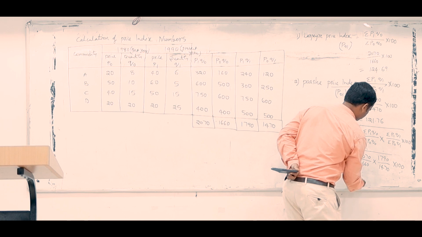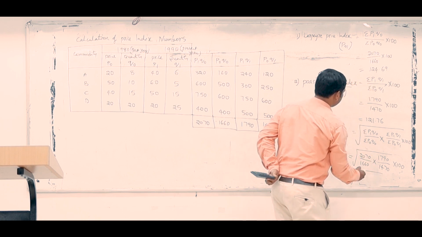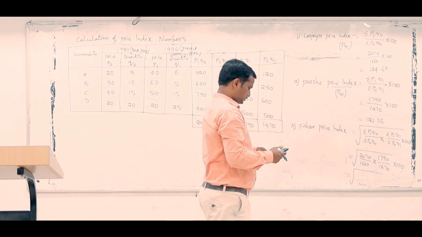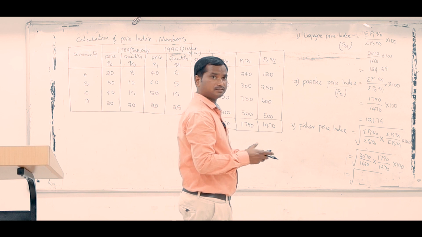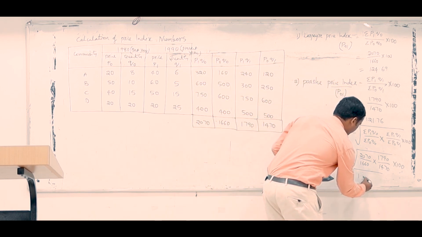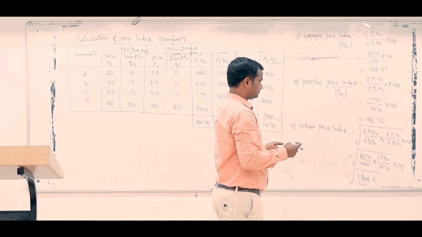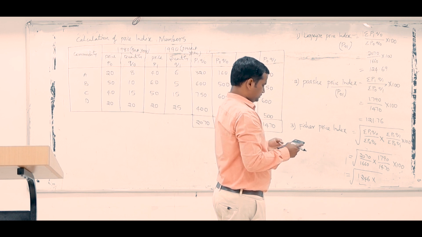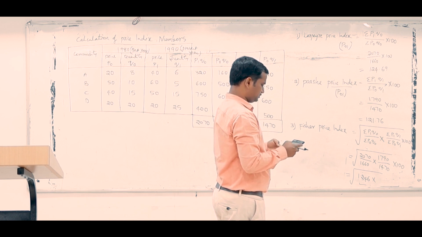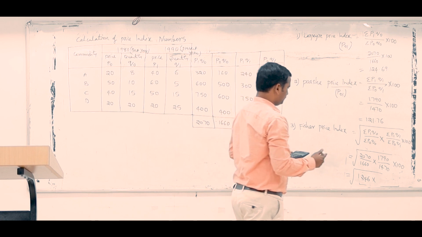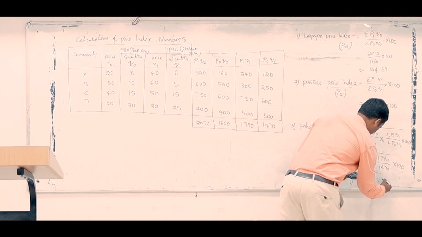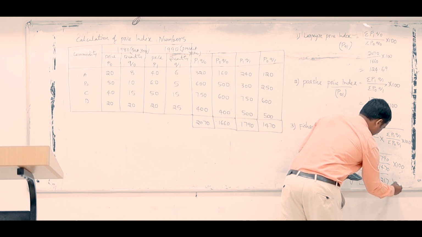So if you divide these two things, 2070 divided by 1660, we will get 1.246 into 1790 divided by 1470. You will get 1.217 into 100.